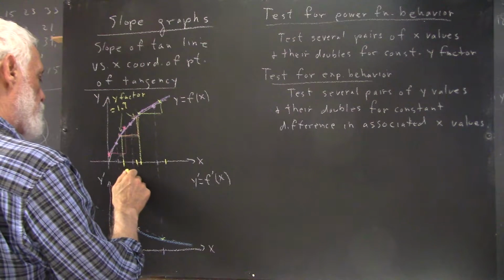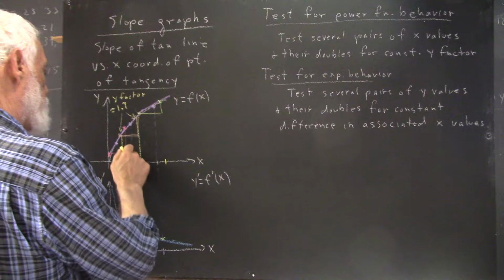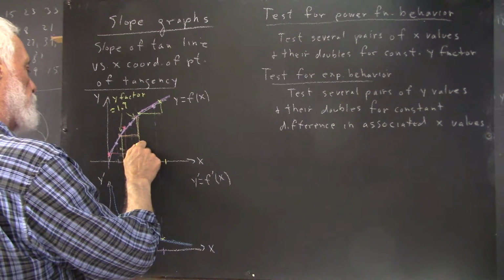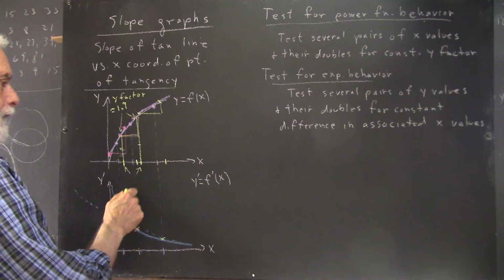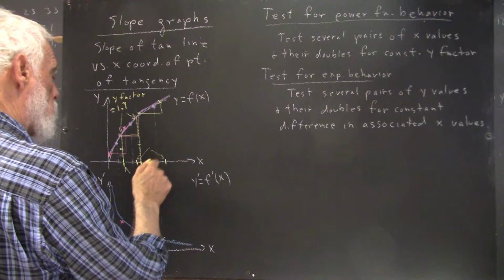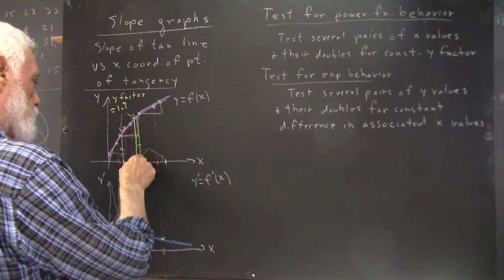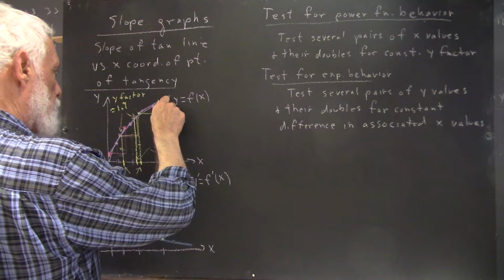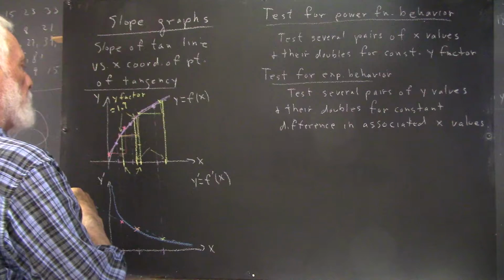Now I'm going to put a couple of arrows here to indicate that I'm comparing this value to this value. These are the two x values. Now I'm going to compare the values here and here. So if I go up to the graph here, I get something like this. If I go up to the graph here, I get something like this. It might have been a little too far to the right there.